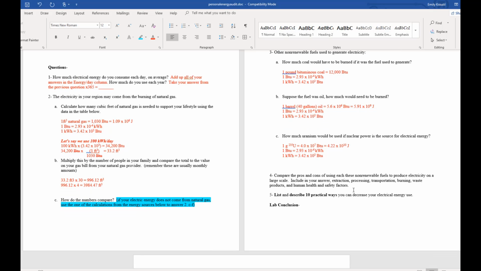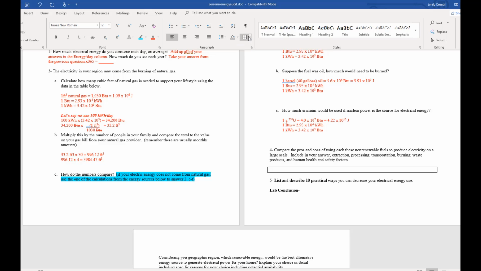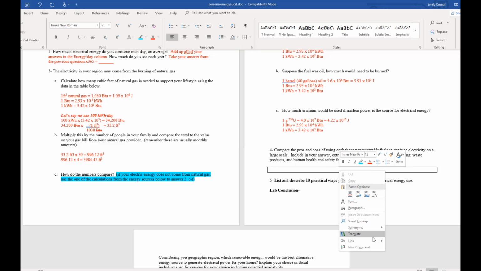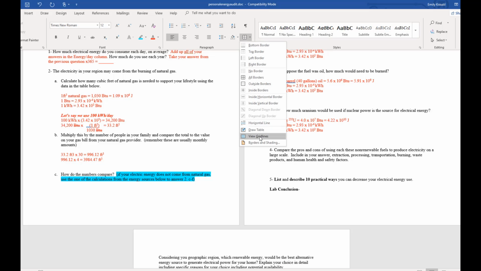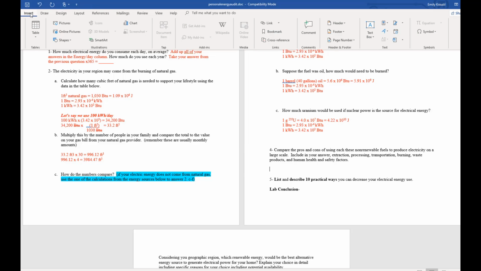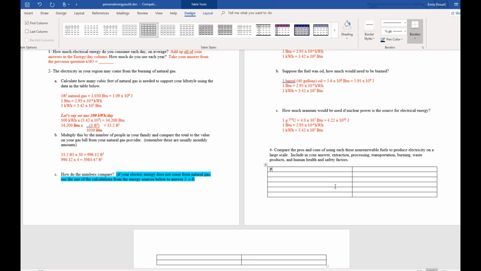And then you're going to compare the pros and cons of using non-renewable fuels to produce electricity on a large scale. So let's make a little chart. Let's delete this because that's not what I want. Okay.